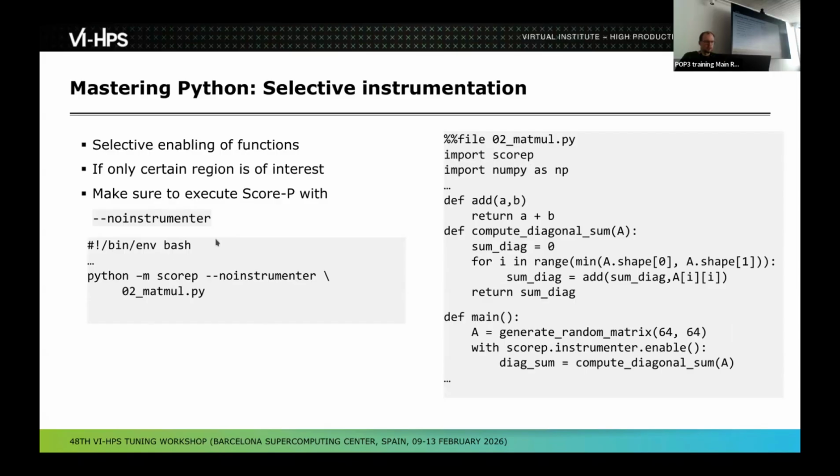Also, similar to what the no compiler instrumentation does for the remaining functions, there is selective enabling of functions, where you then have something like with the Scorpy instrumenter enable a specific calculation call. In particular, you have to be careful with Python, because if you instrument everything in Python, you often get very deep hierarchies, in particular with the classical type of Python use with frameworks, where you get multiple levels of abstraction.